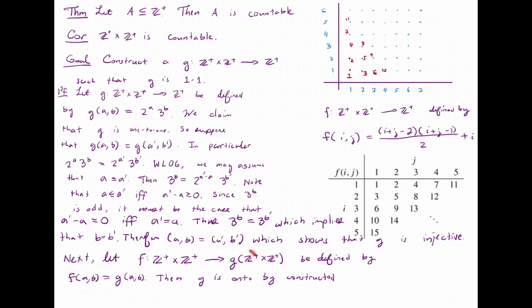this function f, which is defined in terms of g. And so now f is going to be onto, oops, typo, that's f. So f is onto by construction, and it is 1 to 1 since g is.